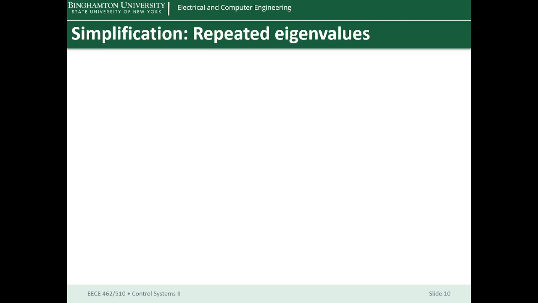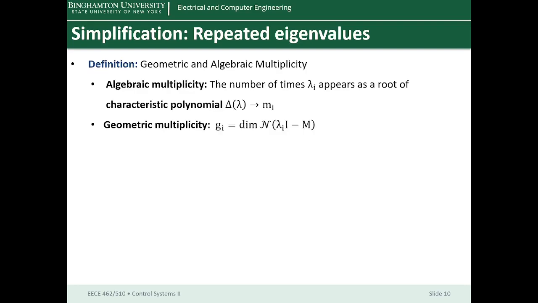Based on what we have just seen, when we try to find eigenvectors for a particular eigenvalue, two important quantities naturally appear. We call them algebraic multiplicity and geometric multiplicity. Algebraic multiplicity tells us how many times a specific eigenvalue appears as a root of the characteristic polynomial. So if the eigenvalue lambda_i shows up twice, its algebraic multiplicity is 2.